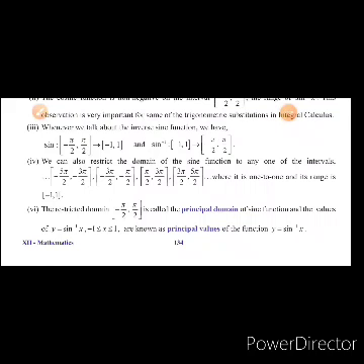The principal domain is closed bracket minus pi by 2 comma pi by 2, and also minus 1 less than or equal to x less than or equal to 1. This is the principal value.